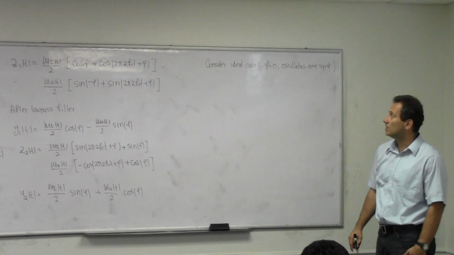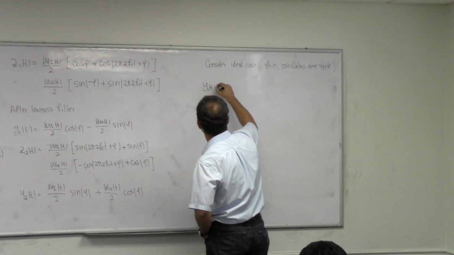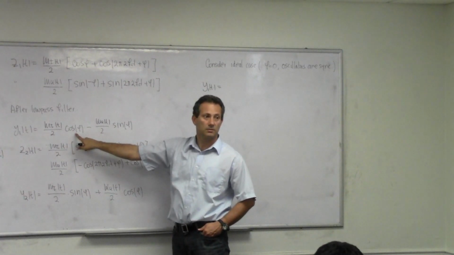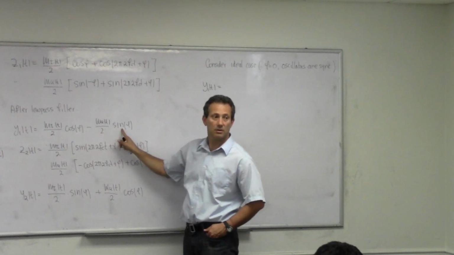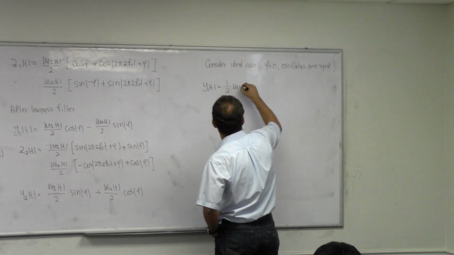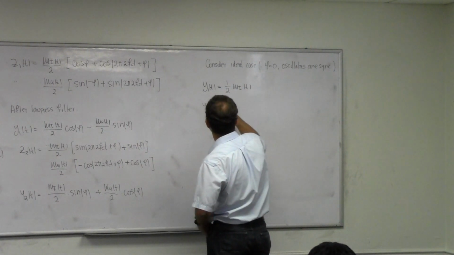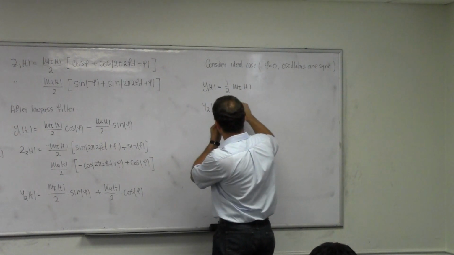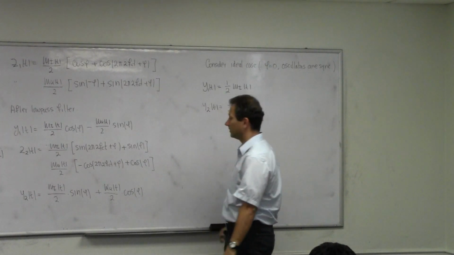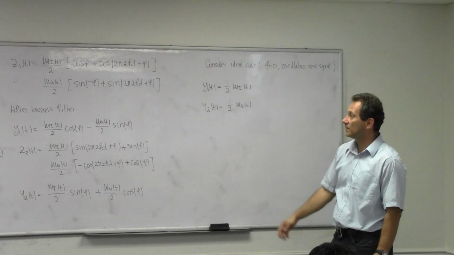Phi is equal to 0. So if phi is equal to 0, what is y1 of t? Cosine of 0 is 1, sine of 0 is 0. So you get 1/2 mi of t. And what is y2 of t? 1/2 nq of t.